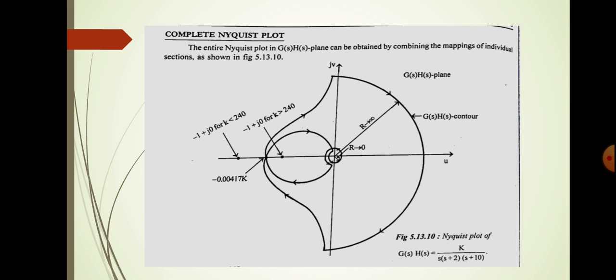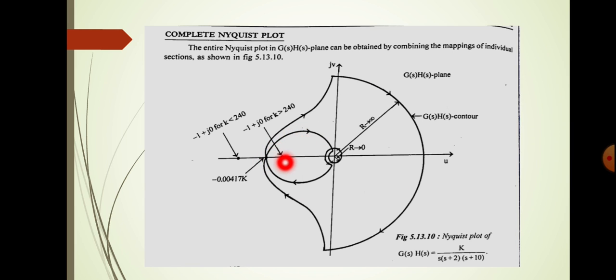You can see that the curve moves away from the origin. That means the minus 1 plus 0j point is here and will be encircled by this curve, and we have to check how many times this encirclement takes place.